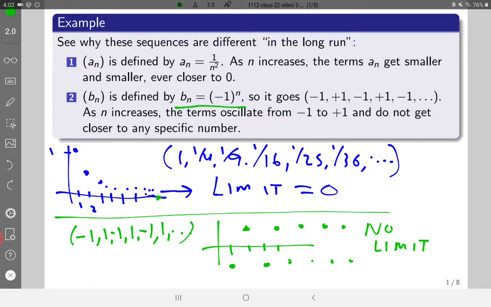Whereas in the first sequence, AN, if I'm standing on the x-axis, y = 0, the dots get closer to me. I could just stand there and wait, and in the long run, those values are getting closer and closer to me in distance, and I could reach out and eventually touch them as they get closer.